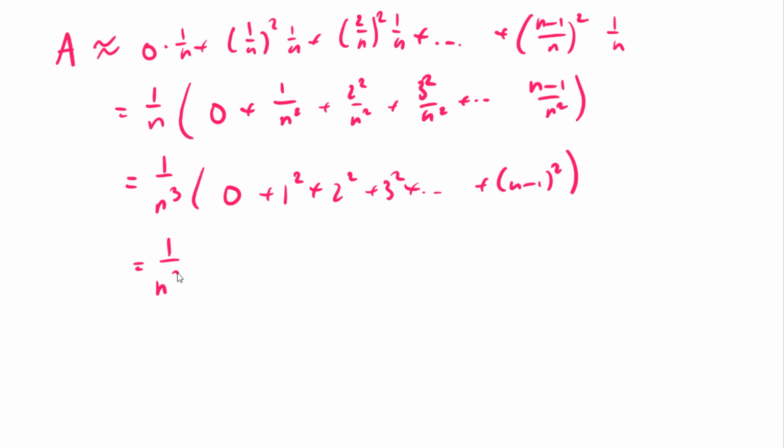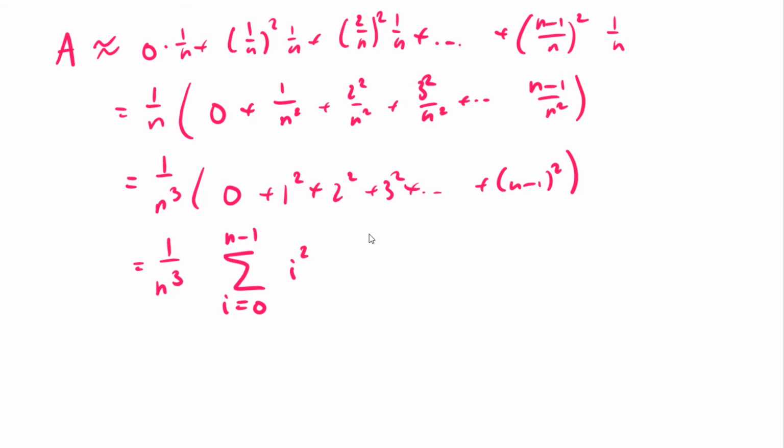Or in sigma notation, the sum from i equals 0 to n minus 1 of i squared.